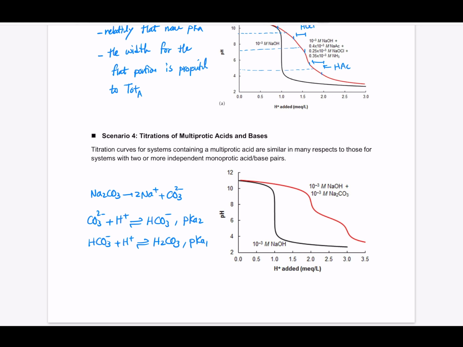And if we have the titration for this system, normally it looks like this one.